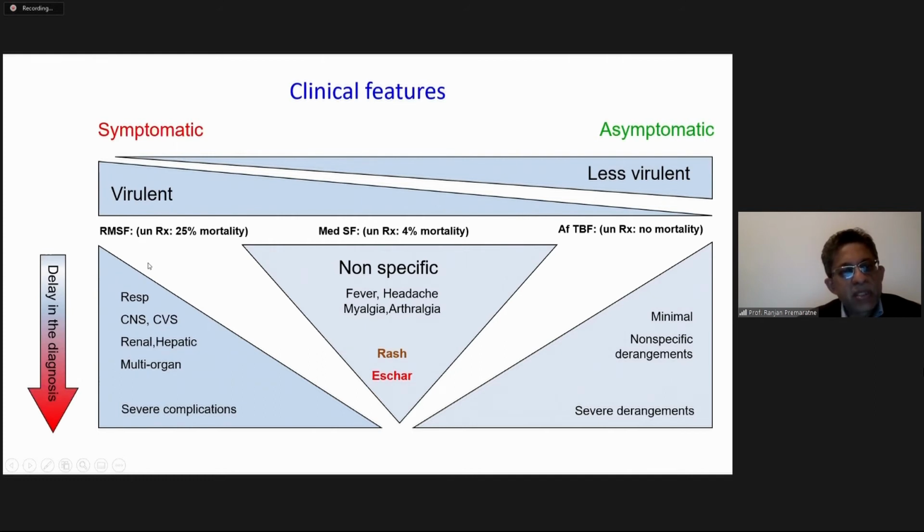So if you miss the diagnosis, especially in the virulent end or even in moderately virulent ones, and if you don't start treatment timely, they can involve the rest of the organs, like respiratory, CNS, CVS, renal, hepatic, or multi-organ involvement, causing severe complications and high morbidity and mortality. So the issue is, this is more or less a clinical diagnosis. You have to suspect this, and you should know its occurrence and prevalence, and therefore you can start treatment timely and prevent these dreaded complications.